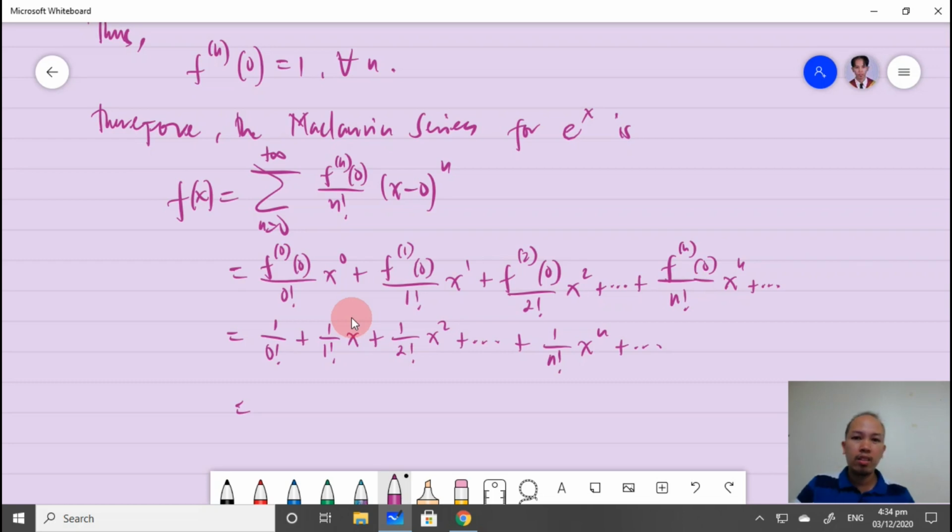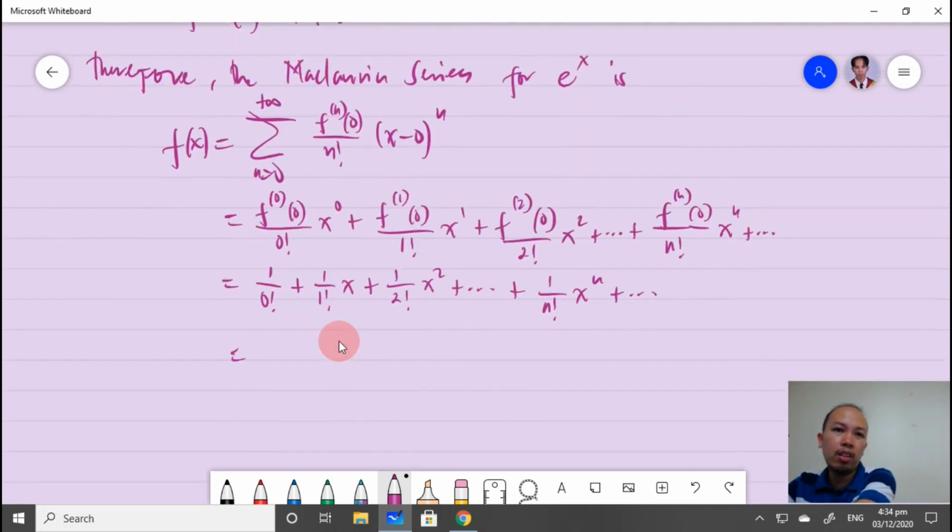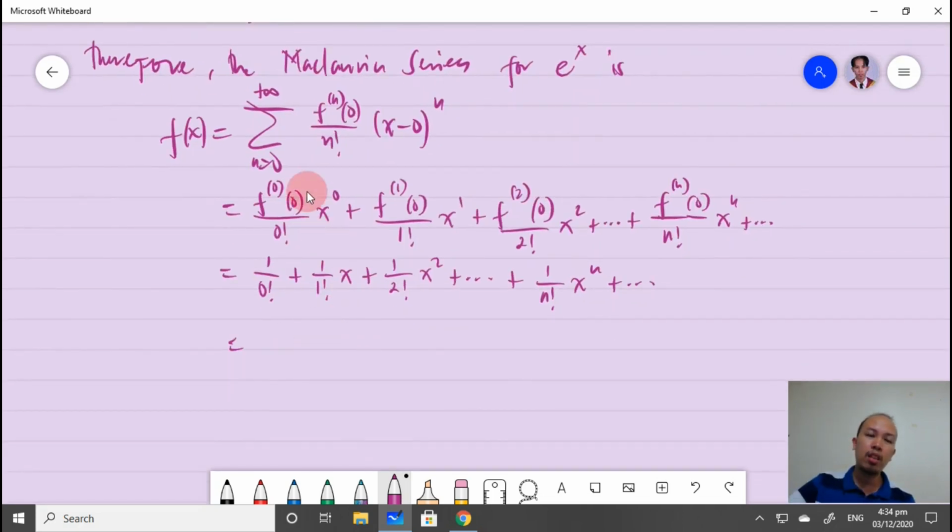This is not always the case. There are times that you have to expand this form. It happens here only because the expression for a sub n is very easy, always equal to 1. That's why I expand this form here.